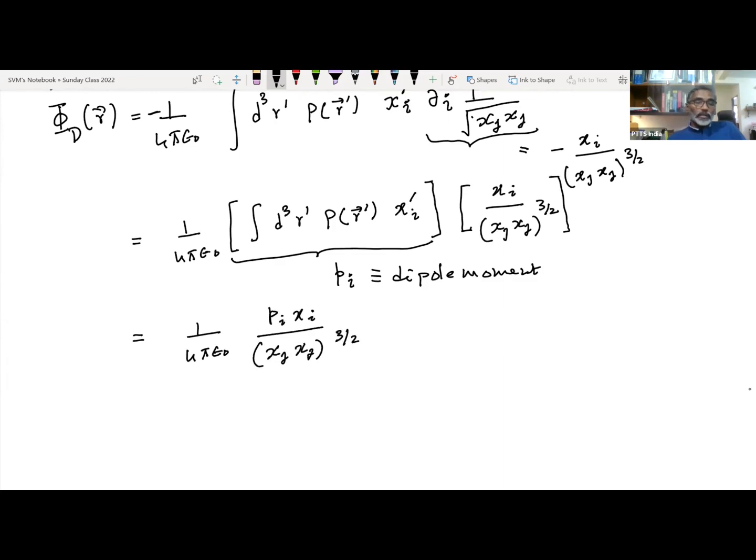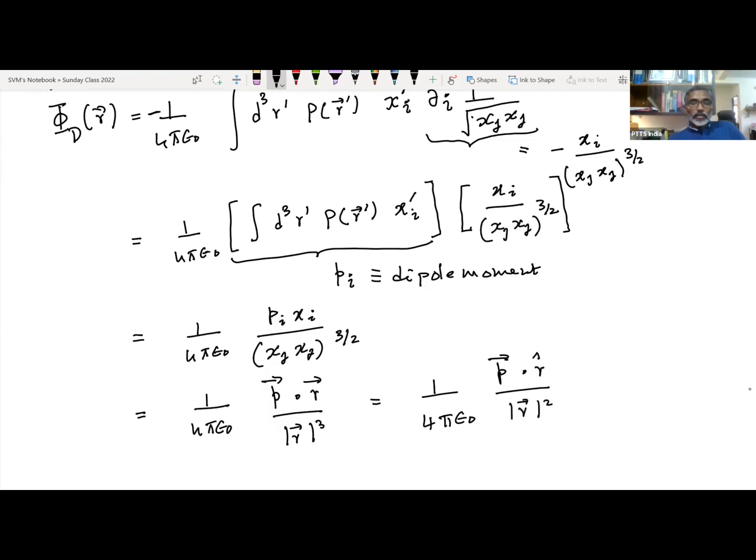If you write this in the familiar vector language, this is 1 by 4 pi epsilon naught p vector dot r vector divided by modulus of r cubed. Or sometimes equivalently, if you cancel one of the magnitudes of r, 1 by 4 pi epsilon naught into dipole vector dot r cap divided by r squared. So this is the potential for a dipole.